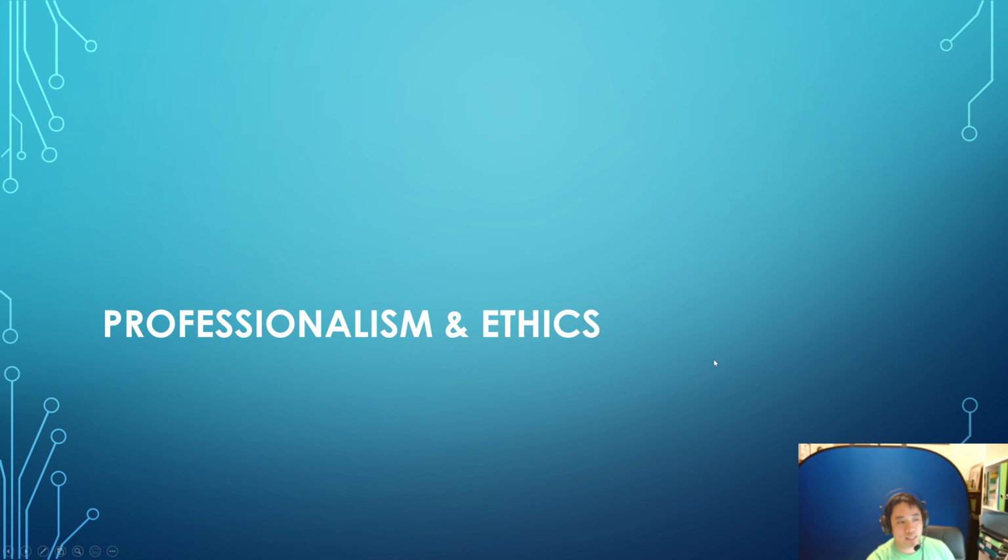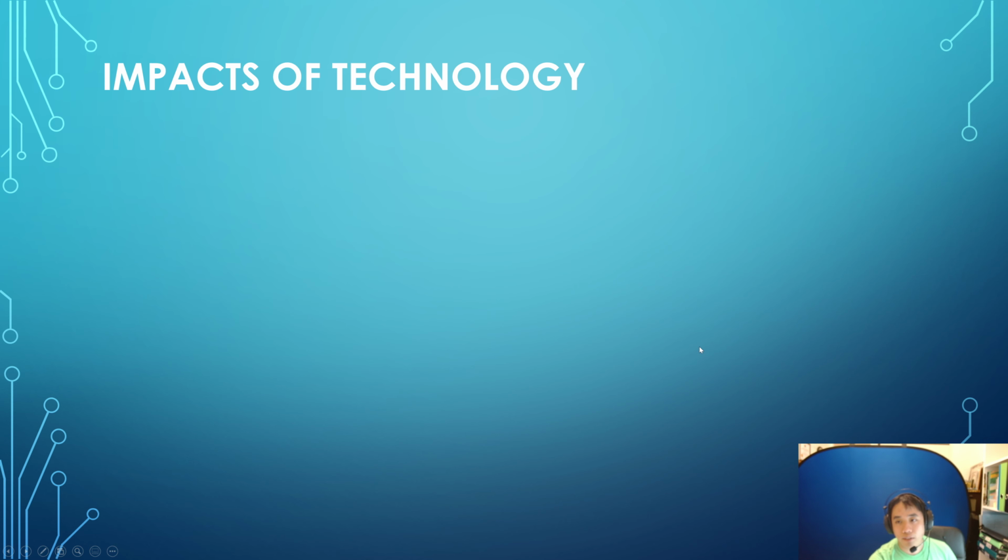Another thing I covered would be professionalism and ethics. One of the things that I mentioned was how the impacts of technology relate to this. Nowadays our lives depend on technology. Well, it's obvious because we have computers to view all this stuff.